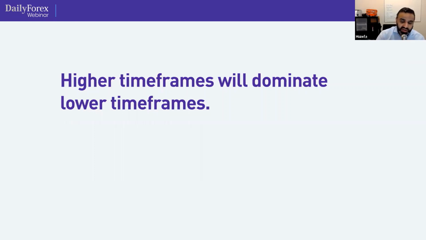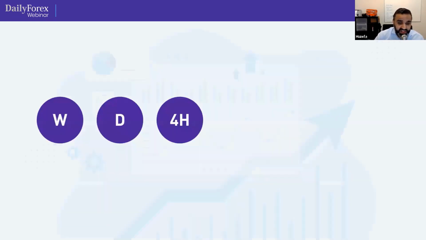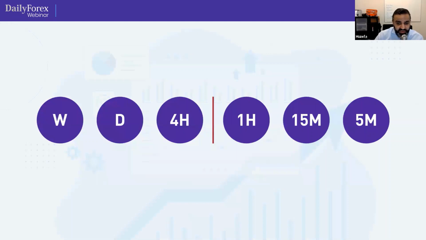So remember, look at your reversal patterns in the context of what's going on in the higher time frame as well. My typical higher time frames are 4-hour, daily and above, and anything below that, the hour, 15-minute, 5-minute, I consider lower time frames.